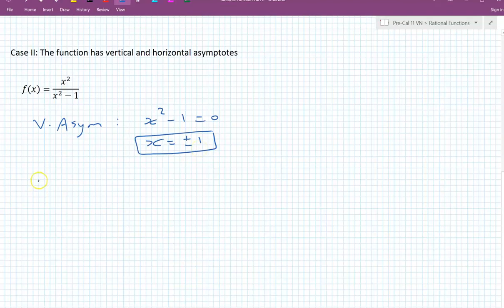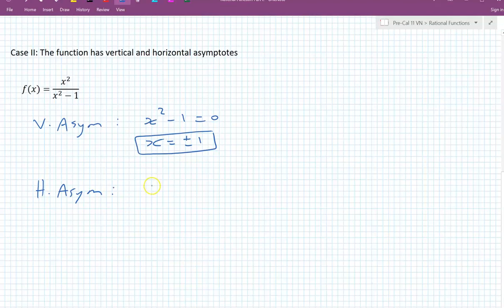Now the horizontal asymptote. This is the pattern that is found with any rational function where the degree of the polynomial in the numerator is equal to the degree of the polynomial in the denominator. Whenever you have a setup like that, you could end up getting a horizontal asymptote, and this is the way you do it.